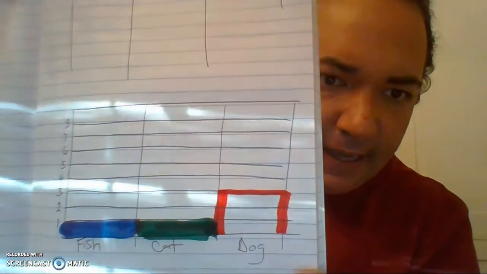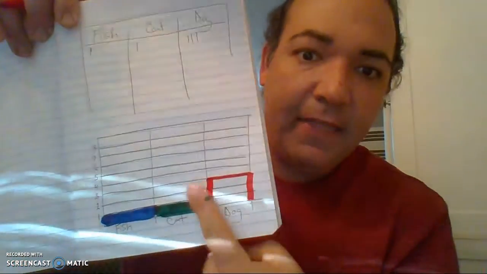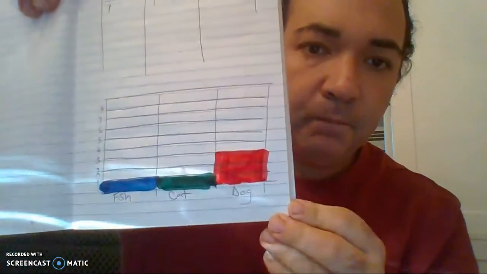See, I colored in that whole area, because that goes up to the 3 people. I'm going to color in that whole area red. So I'm going to do that right now. And there you go.